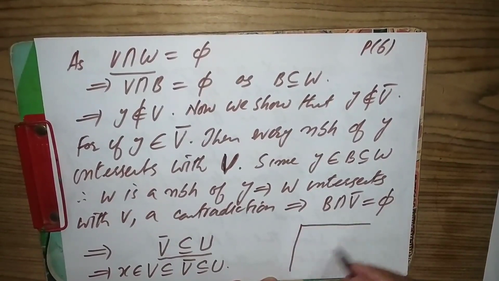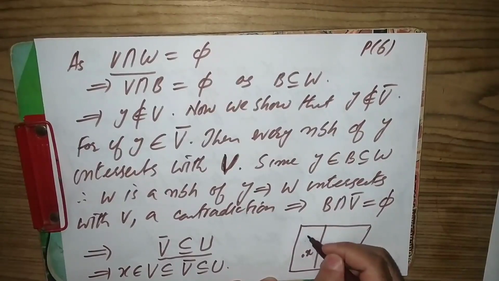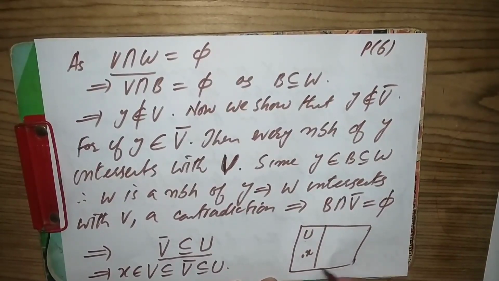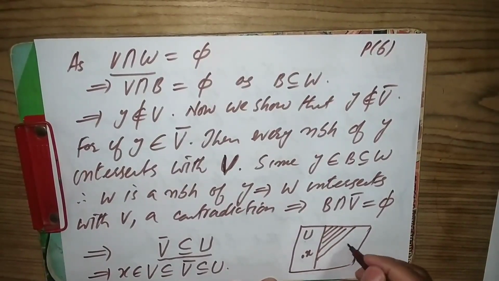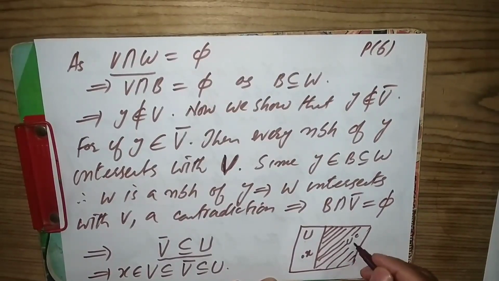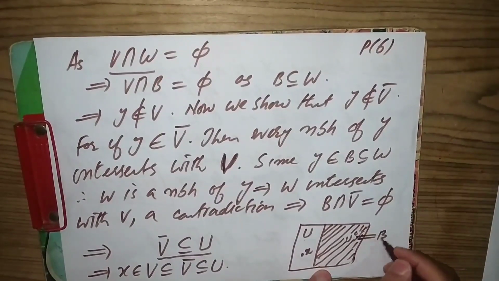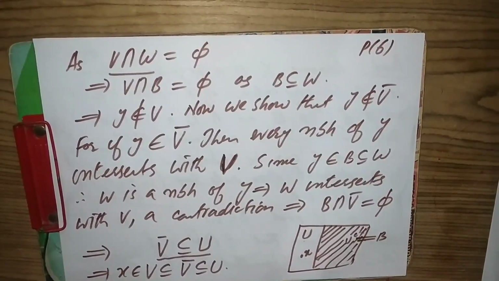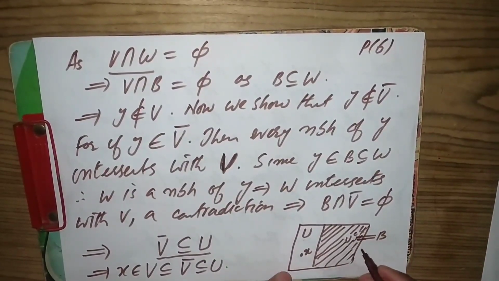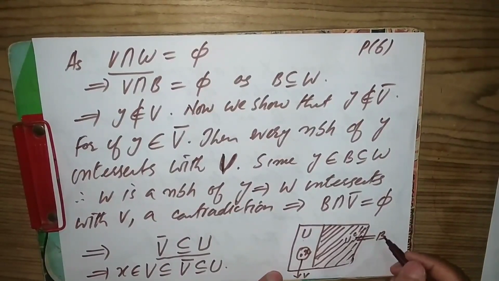So there is a set U which contains a point X. This is set U, and this is U complement, which is our B. Now we have two disjoint open sets, one is V and the second is W. That's V, and that's W. W contains B, so W is like this.